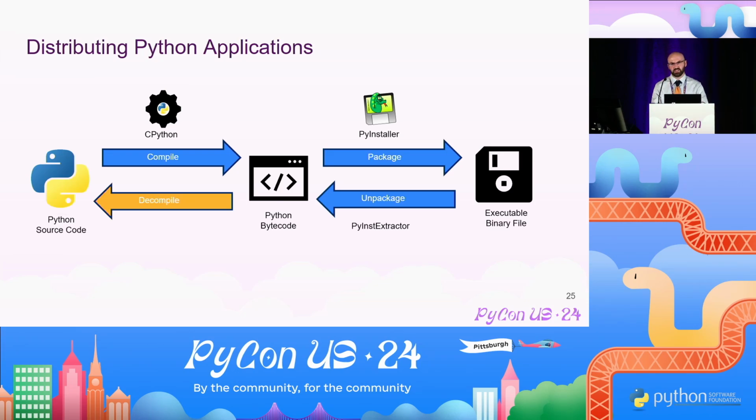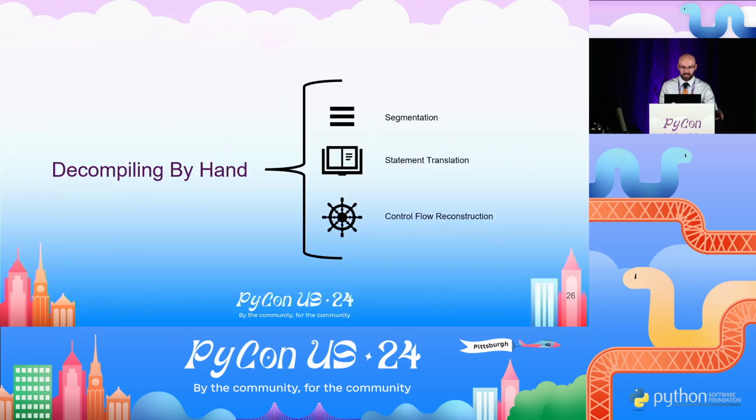A lot of places will have like their in-house packagers, and that will get you an executable binary. And when we're going back, first we'll unpackage the executable binary to get those PYC files back, and then we'll decompile that PYC file back to Python source code. And this decompilation step is really the focus of the talk today.